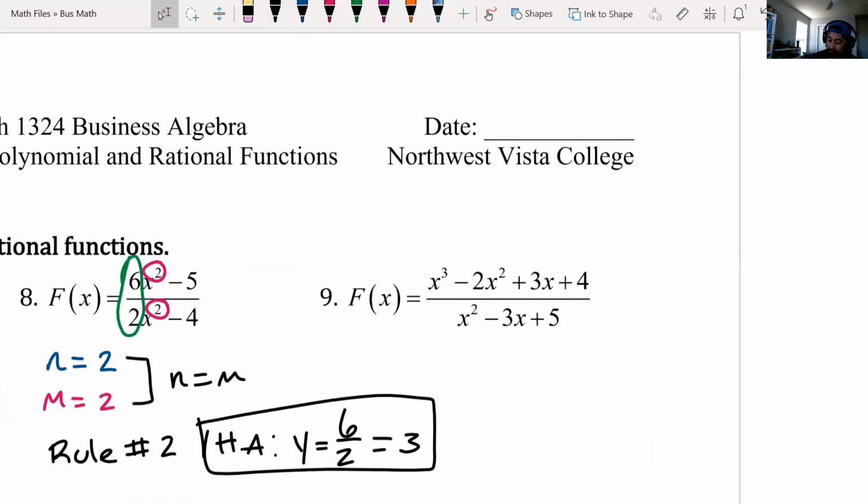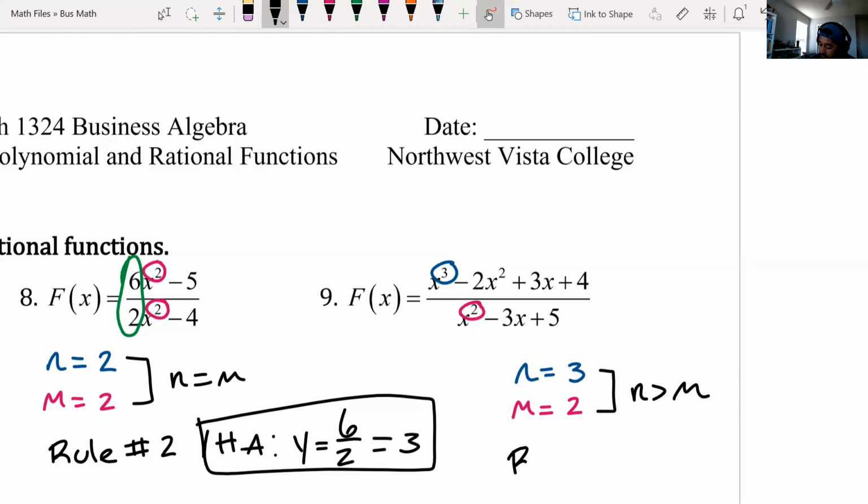And then number 9, the degree of the numerator is 3 and the degree of the denominator is 2. Here, the numerator is bigger than the denominator, which means that this is going to be rule number 3, which means we no longer have a horizontal asymptote.